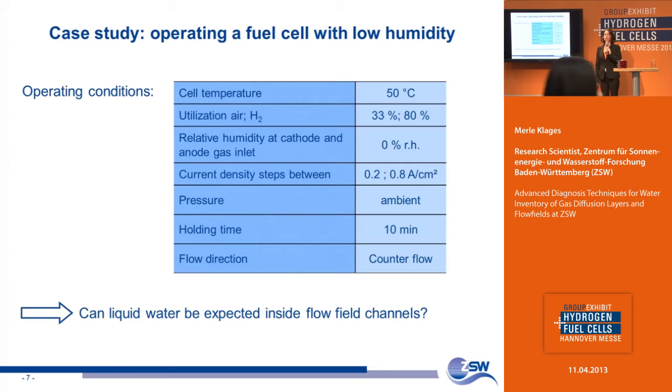These were the operating conditions we were simulating and also experimentally investigating. We took dry gases into the fuel cell, with current density steps at a high and a low current density. The question was, did we see water inside, and where can we identify it?